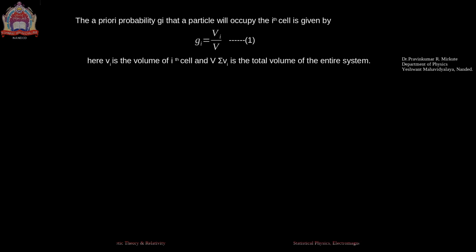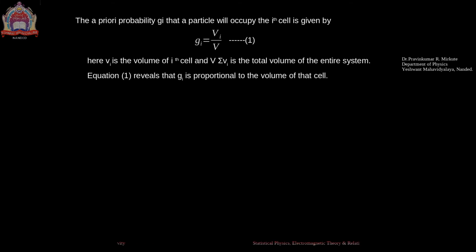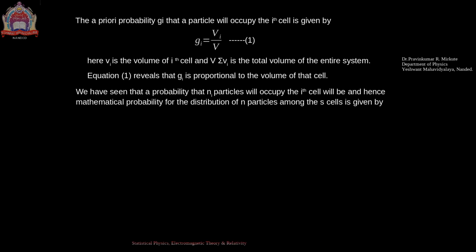Equation 1 reveals that gi is proportional to the volume of that cell. This is because a cell with larger volume has a greater probability for occupation of a particle than a cell with a smaller volume.